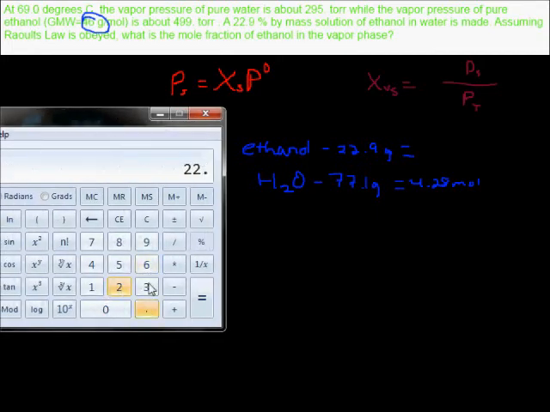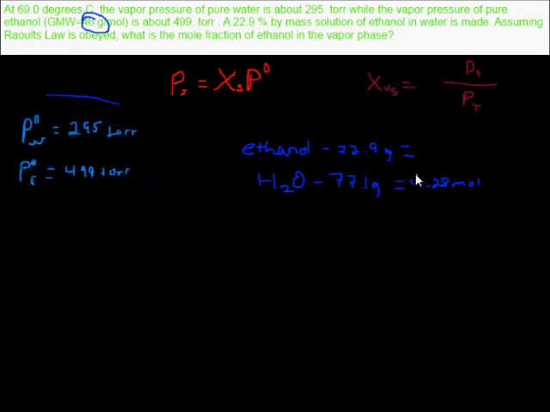So 22.9 divided by 46 is 0.498 mole. Now we just basically plug it into this equation.